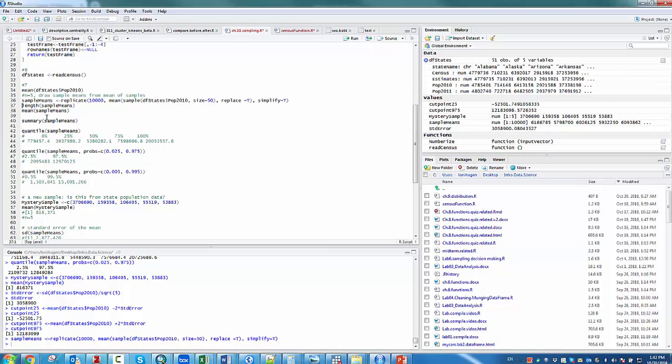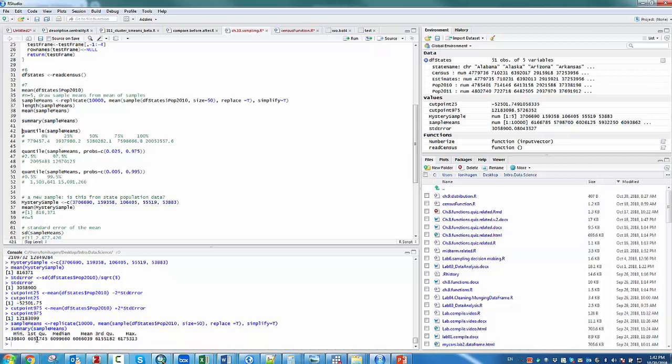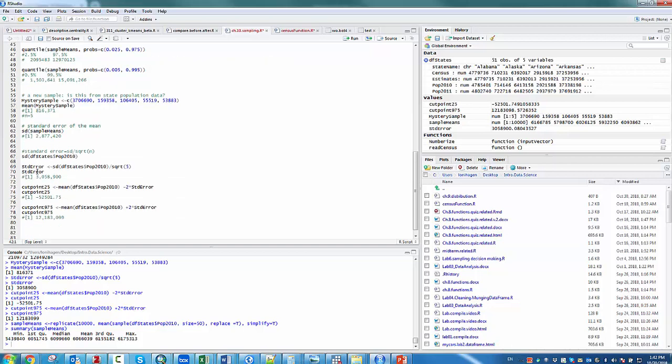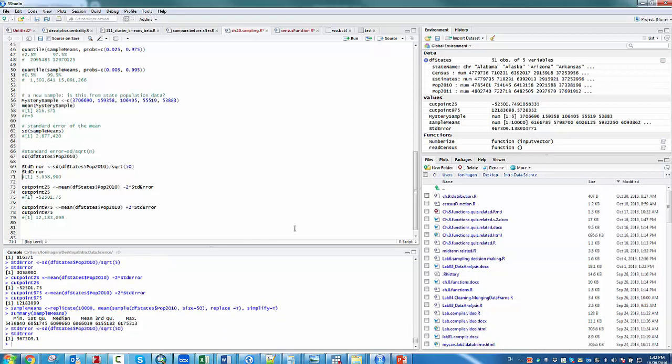And so we create sample means again, create a summary of it, and let's create the standard error and then cut points again, using 50 as our sample size now.